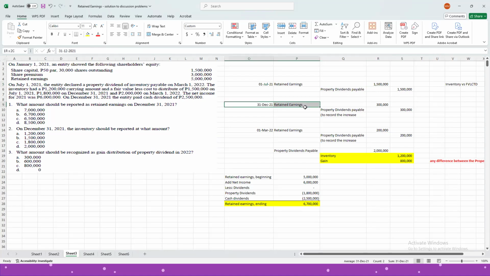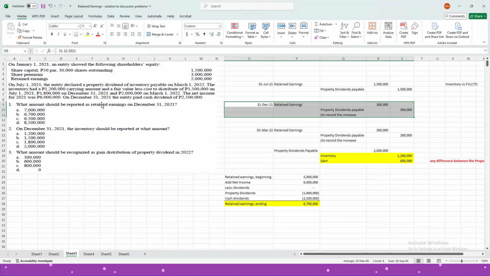Come December 31, 2021, end of year, the fair value less cost to distribute would be 1,800,000.